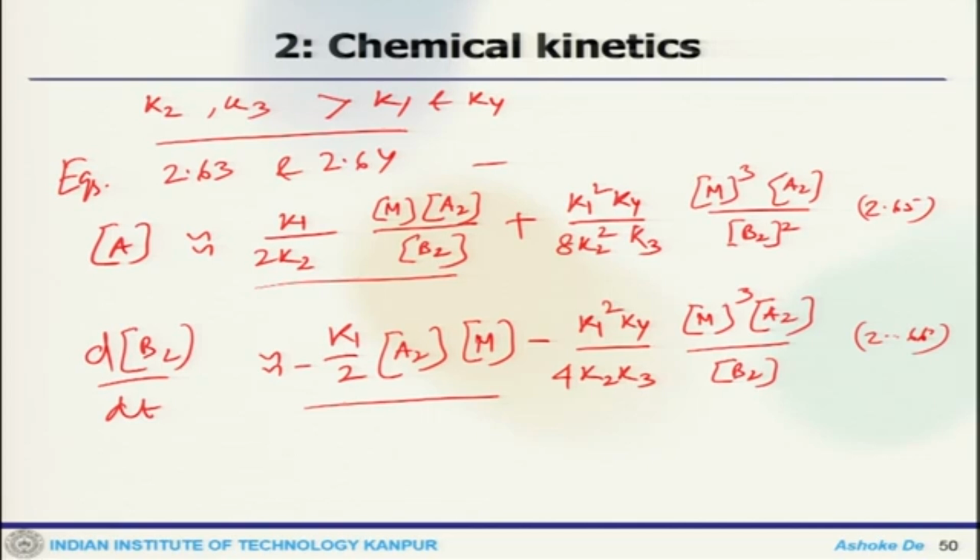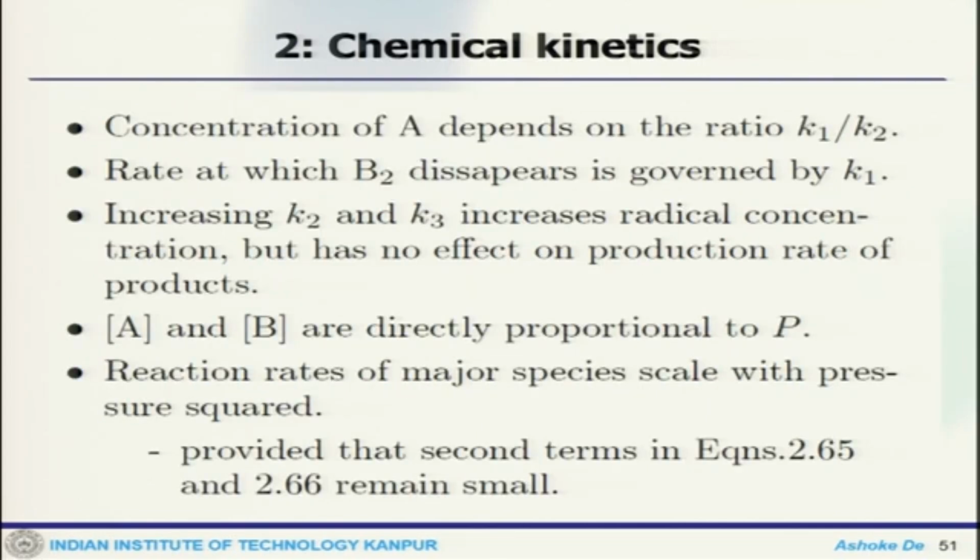Concentration of A depends primarily on the ratio of K1 and K2, and the rate at which B2 disappears is also governed by K1. Increasing K2 and K3 increases radical concentration, but it does not have any effect on the production rate of the products. Concentrations of A and B are directly proportional to pressure, and the reaction rate for major species scales with pressure.